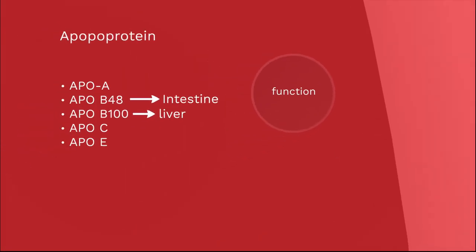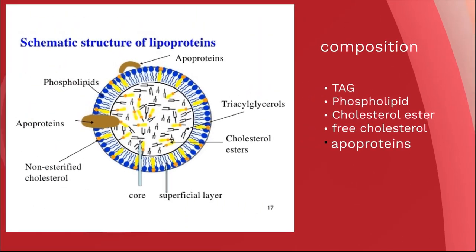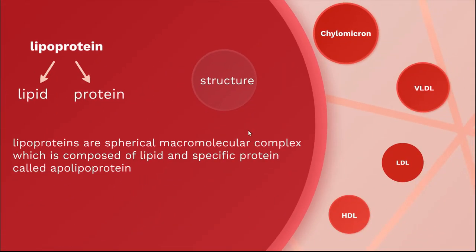So now, as you are clear about the structure of lipoprotein, let's see the types of lipoprotein. According to density, there are 4 types of lipoprotein. From low density to high density, there are chylomicron, very low density lipoprotein, low density lipoprotein, and high density lipoprotein.